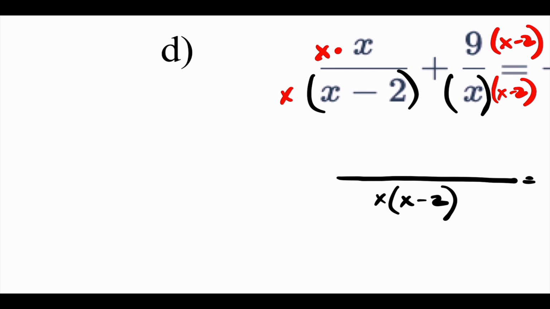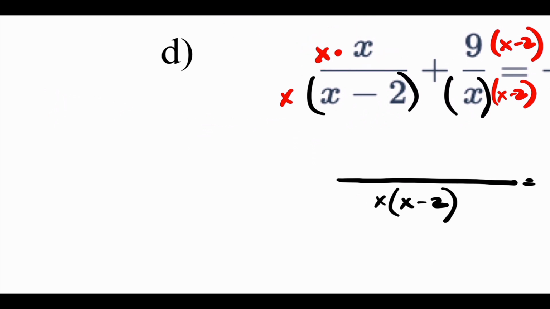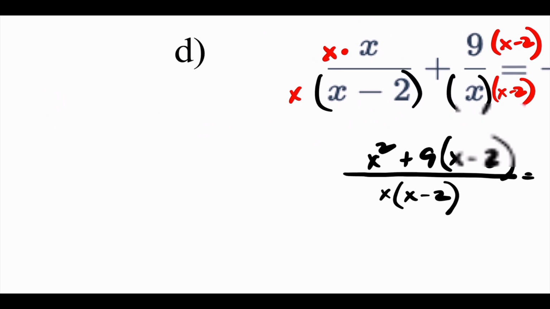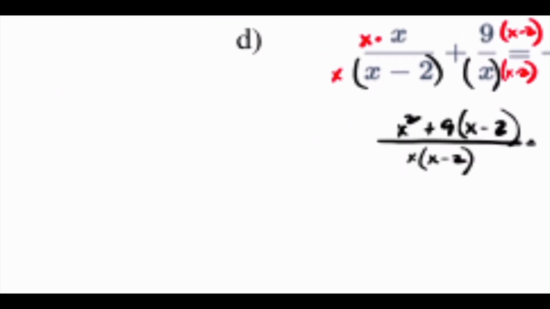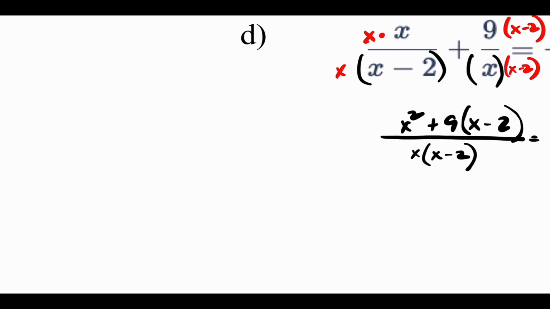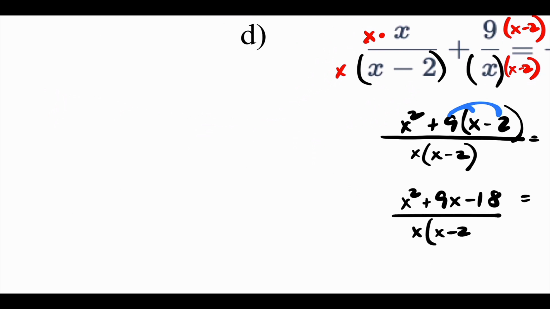Okay, so on top, I get x times x, x squared, and then plus 9 parentheses x minus 2. Distributive property. We don't have to distribute that x, right?